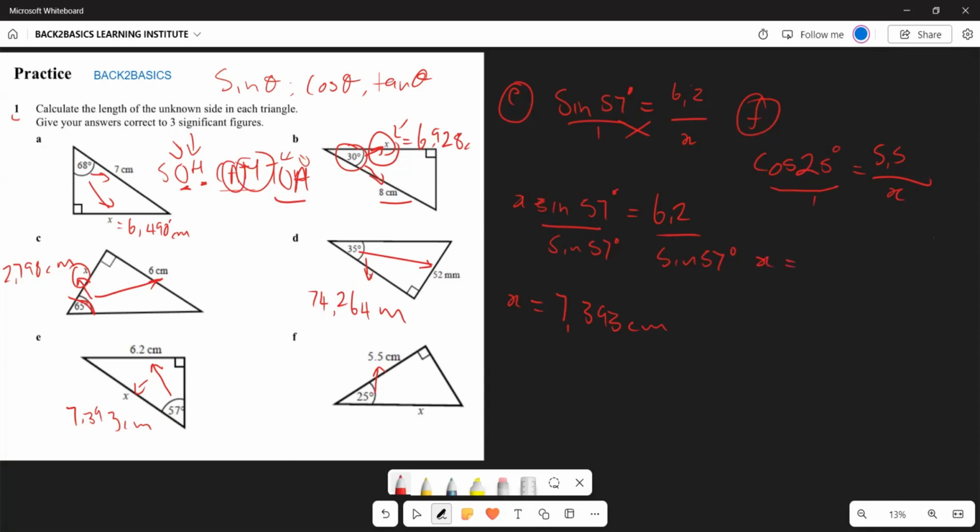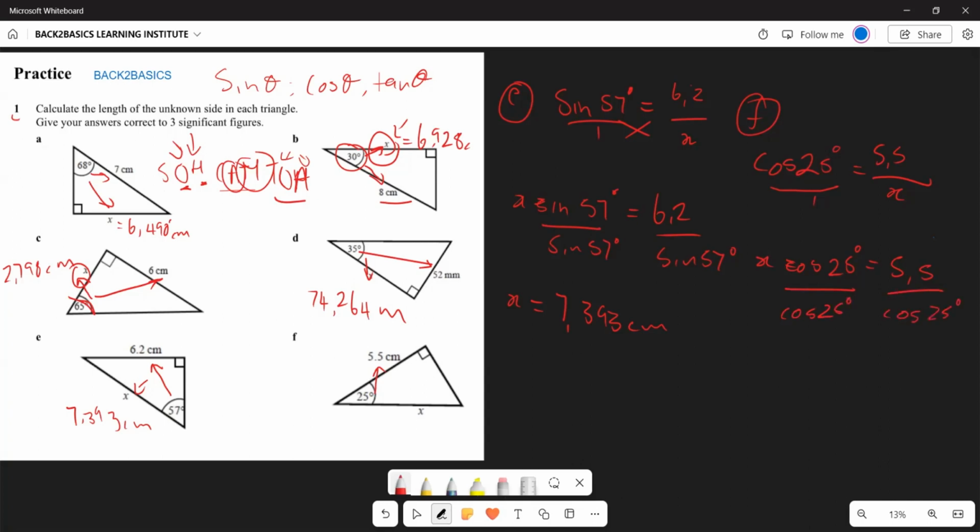So this is going to be x cos of 25 degrees, which is the same as 5.5. And then here you're going to divide by cos of 25 degrees.